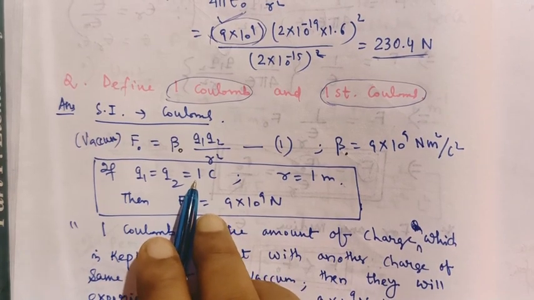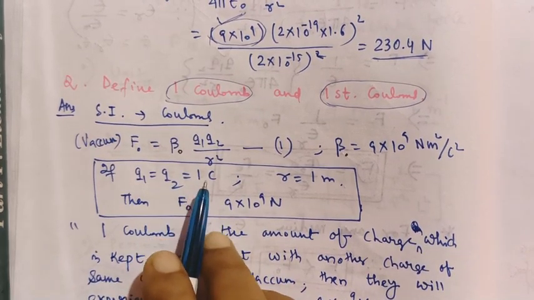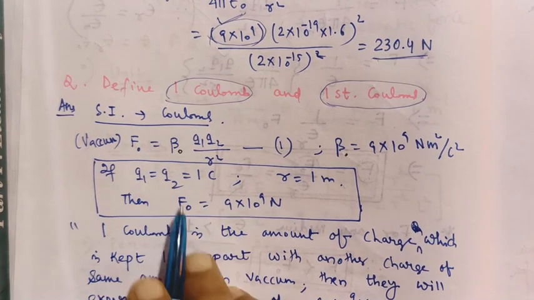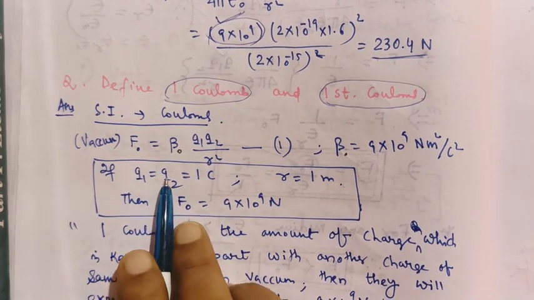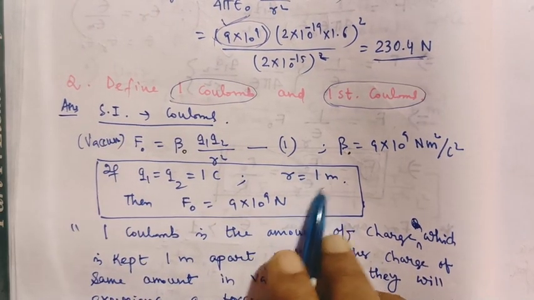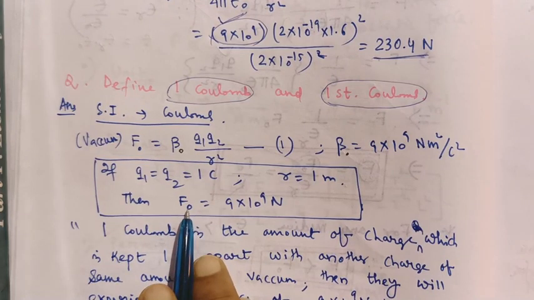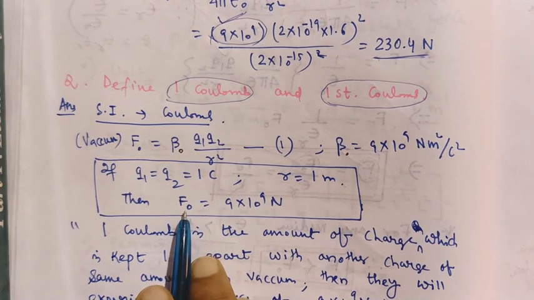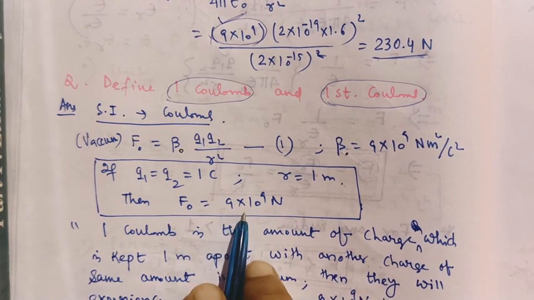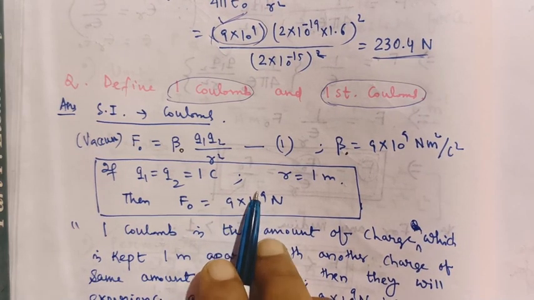So you can easily say that 1 Coulomb is the amount of charge, which may be defined as the charge of one body if it is kept with another charged body of the same amount at a distance of 1 meter in vacuum. Because you have calculated this problem in vacuum, you should write the word vacuum. Then the electrostatic force of interaction will be 9 into 10 to the power 9 Newton.